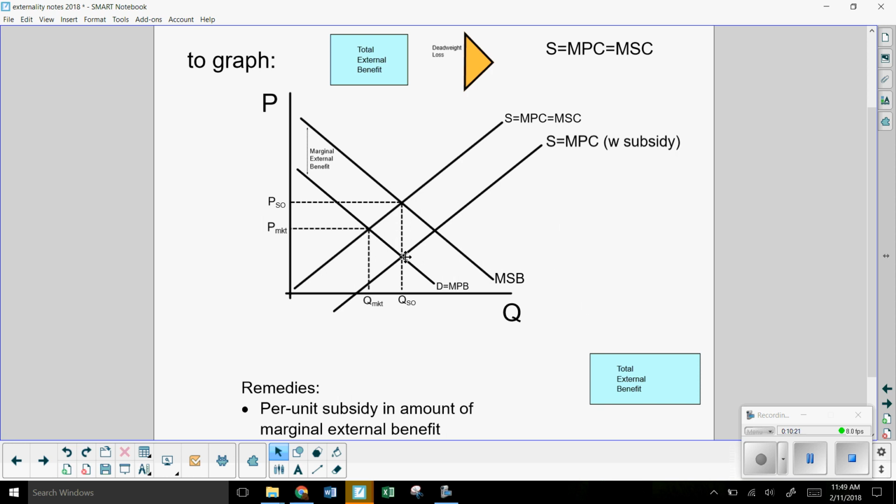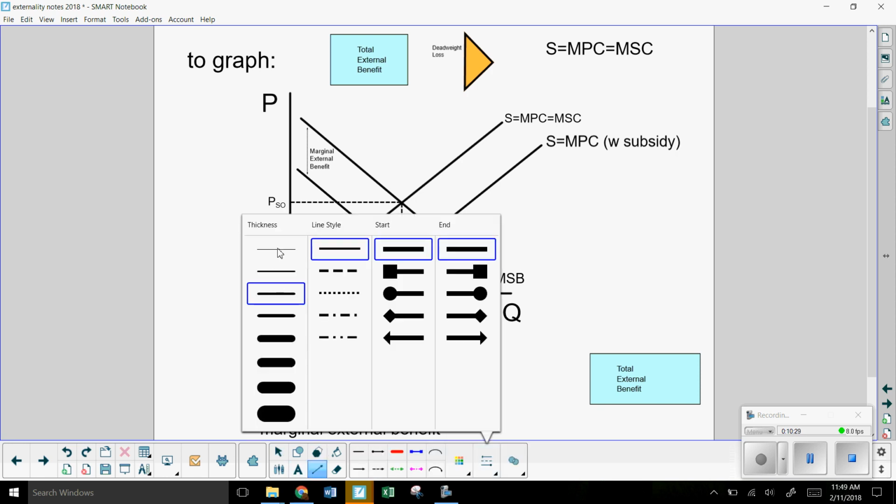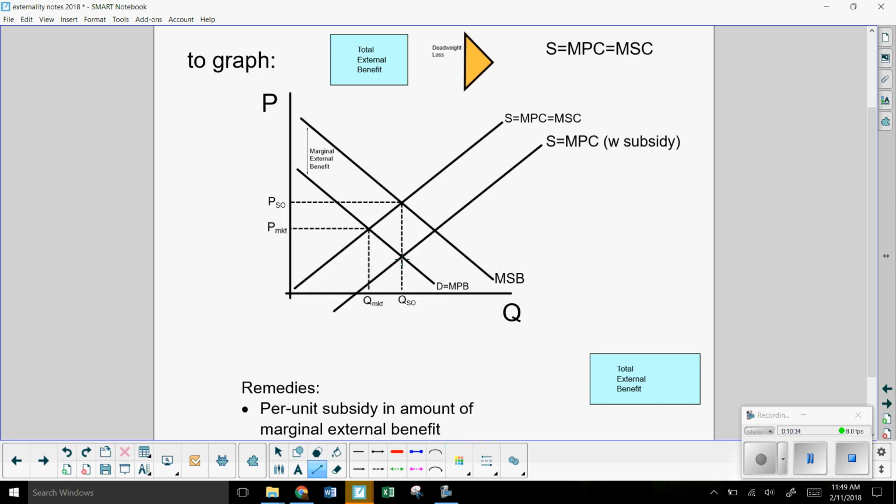What do we know now? Well, buyers are going to pay this amount down here. Maybe I should mark that in there. There we go. Okay. There we got the price buyers will pay down there.